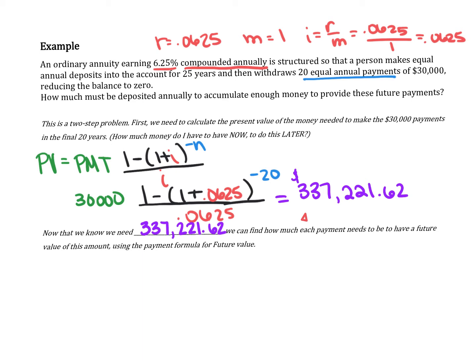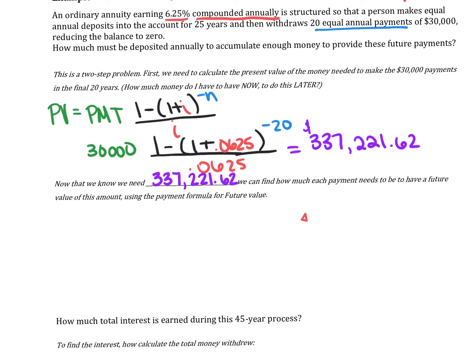So the present value of my money is going to be worth that in order to make this happen. And now that I know I need this amount right here, I need to find out how much each payment needs to be to have a future value of this amount.